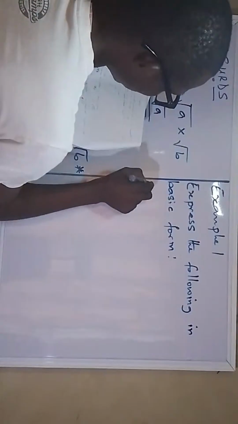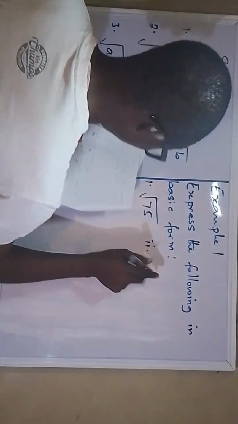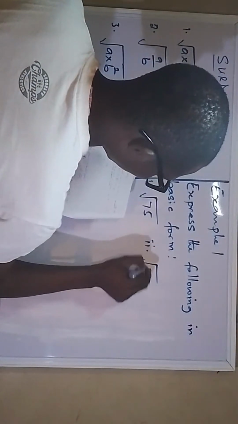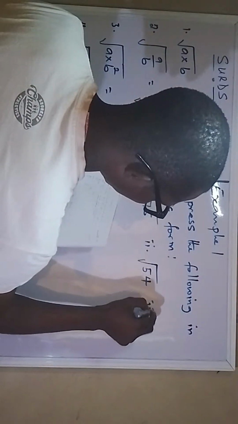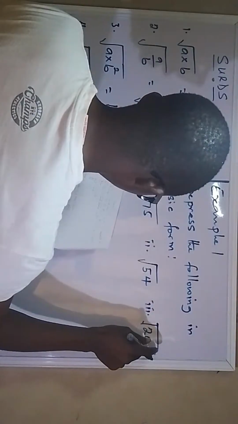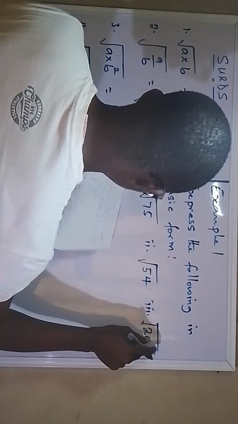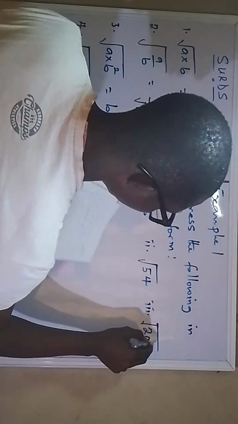The first one is square root of 75. The second is square root of 54. The third one is square root of 200.